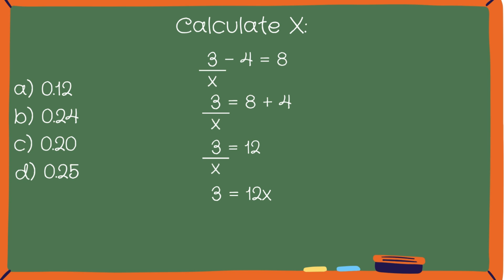But if I reverse the order and say 12x equals 3, for many people this is much easier. So this 12, which is multiplying, will move to the other side dividing. So x will be equal to 3 divided by 12, or, which is the same thing, taking a third part, 1 divided by 4, and 1 over 4, in decimal form, is 0.25, which is precisely the answer to our exercise, alternative D.